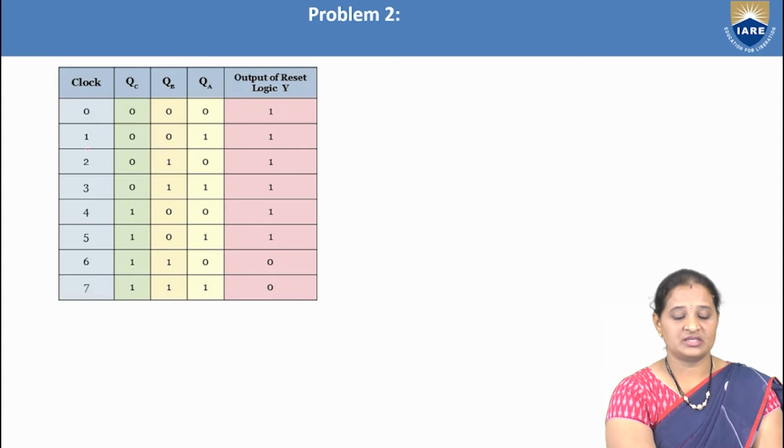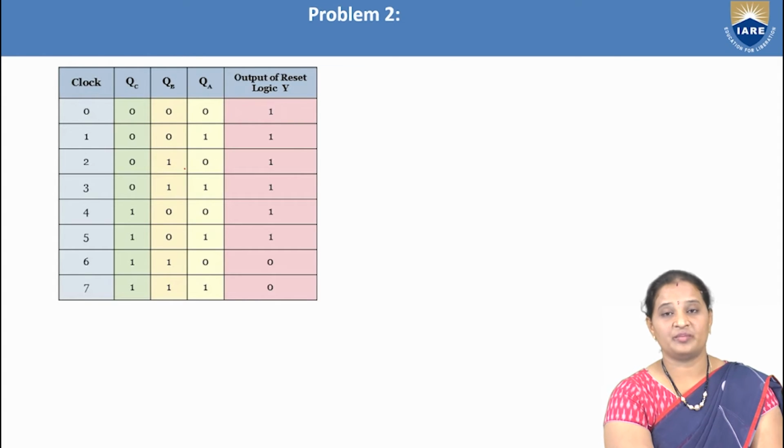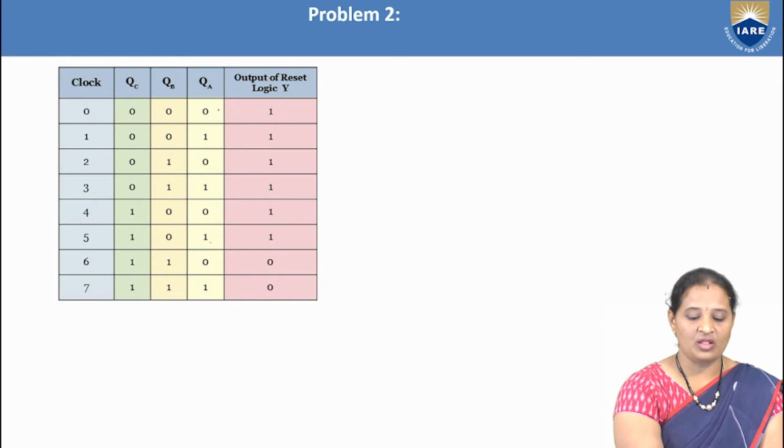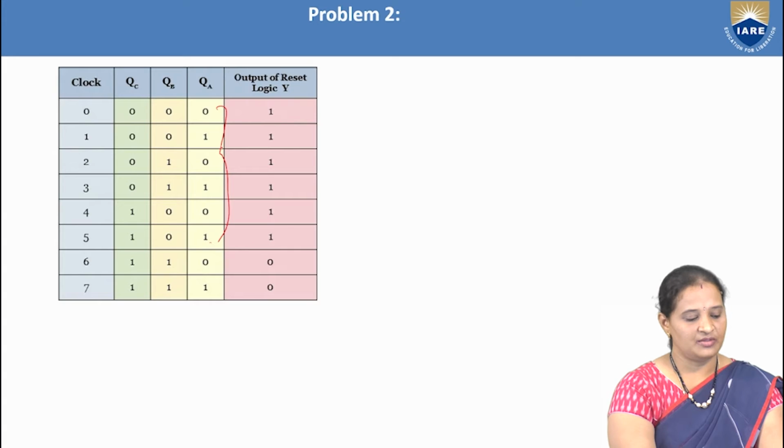For the first clock pulse, it will change its state to 001. For the second clock pulse, it is incremented by 1, so it becomes 2, 010, 011, 100, 101. Whereas we have 2 unused states. These are all the used states.